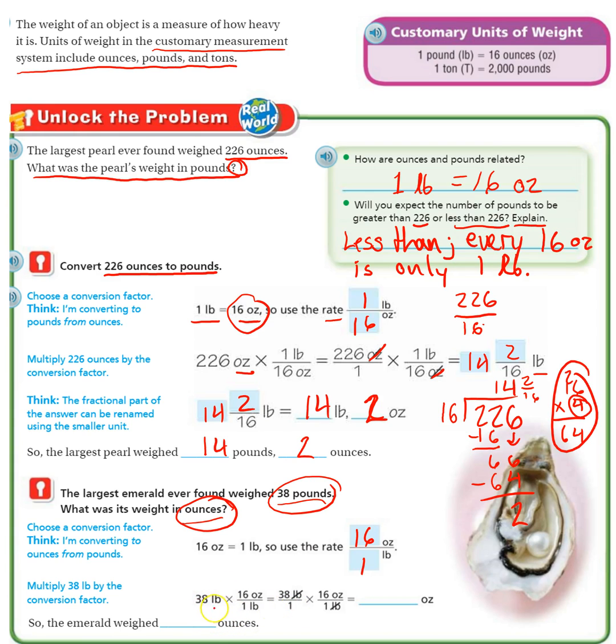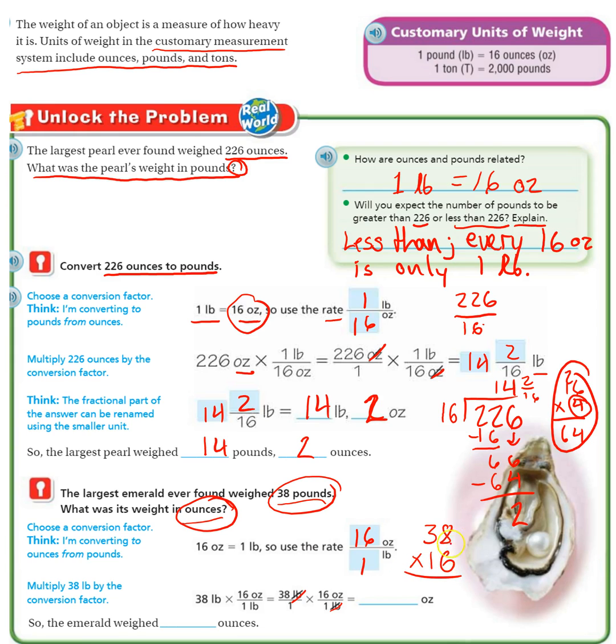And 38 pounds is the same thing as 38 over 1. And then 16 over 1 pound. So my pounds can cross out. And I just multiply. 1 times 1 is just going to give you 1 at the bottom. So to get the numerator, or the top, just 38 times 16.